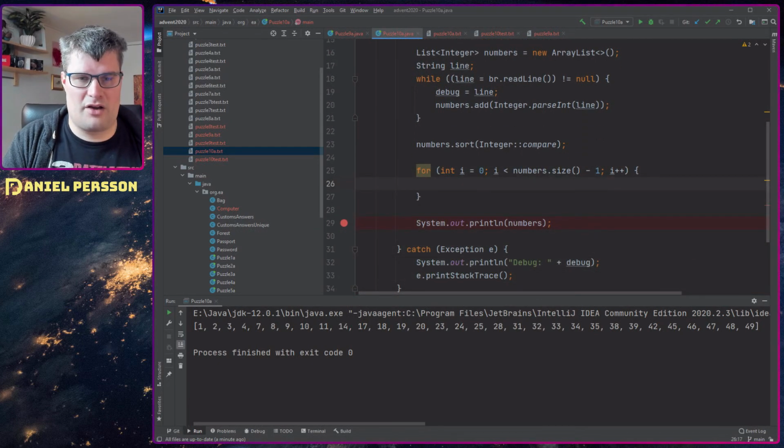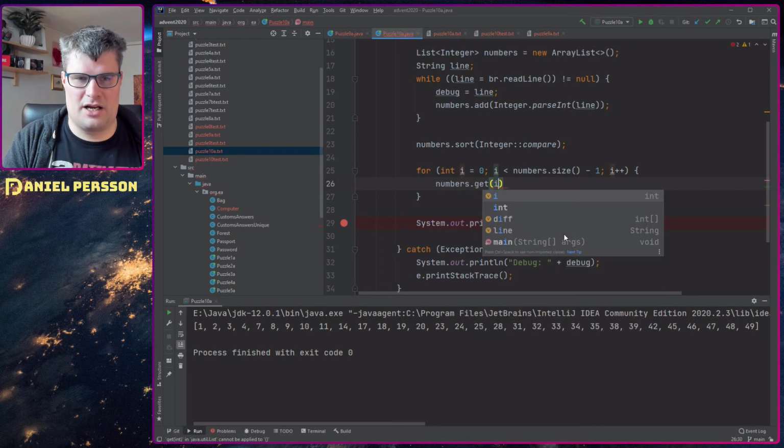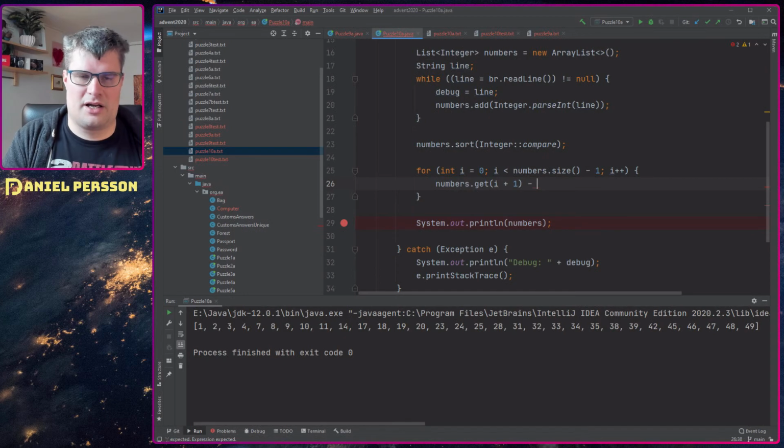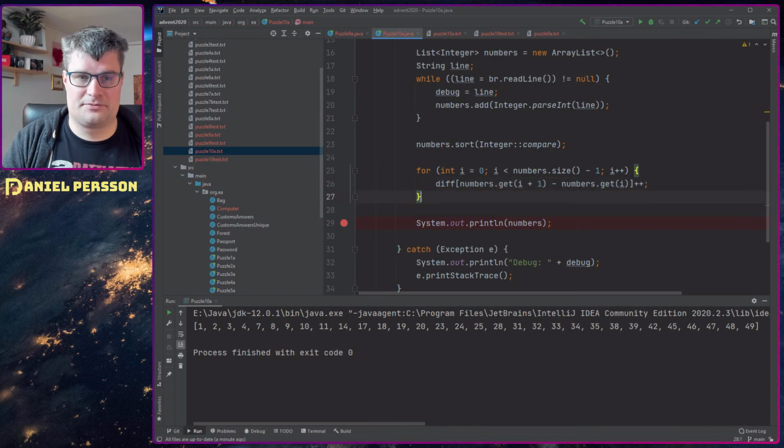So if we take this numbers, get the next number and subtract the current number, we should get a value, and that is our difference that we put in here. So we add to that.